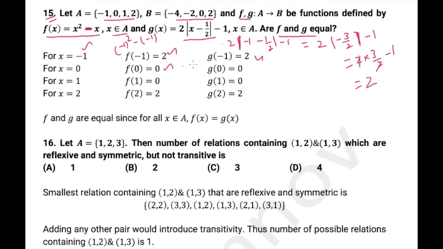Similarly, we need to find f(0), g(0), f(1), g(1), f(2) and g(2). So notice that for any given value of x in A, f(x) is equal to g(x), and hence f and g are equal functions.